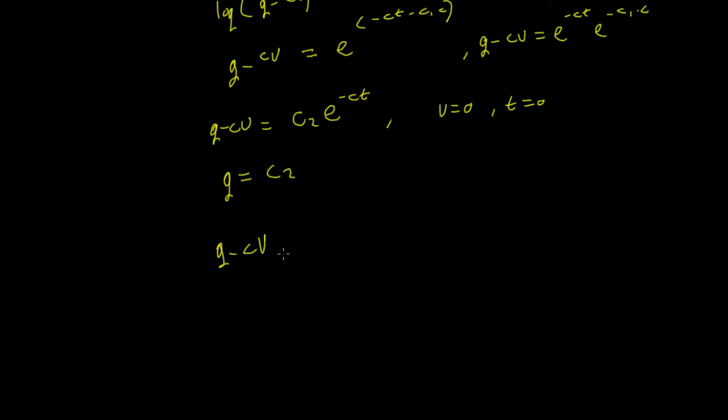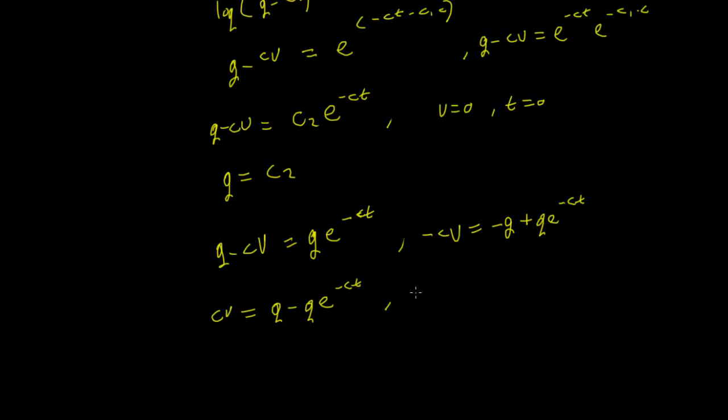Okay, so we can then rewrite that, almost finished now. g minus cv equals, well, the c2 gets replaced by g, so g e to the minus ct. So that's minus cv equals minus g plus g e to the minus ct, so we can say that cv equals g minus g e to the minus ct.